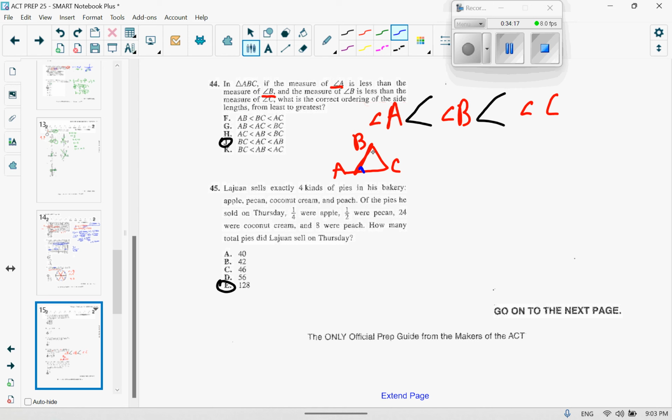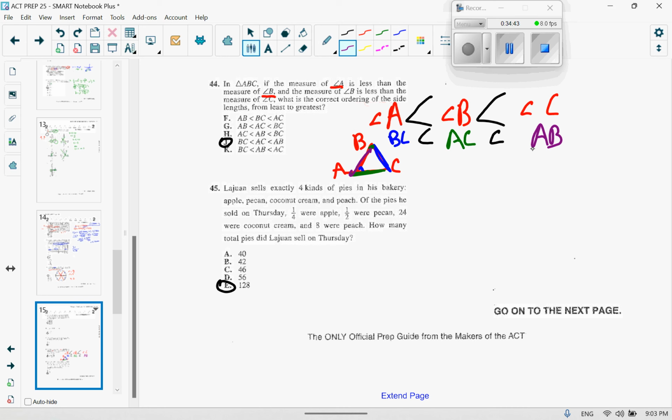So this angle and this side go together, which means I know that side BC has to be less than side, well, opposite angle B would be AC, has to be less than the last side, which would be AB. So therefore, letter J has to be true.